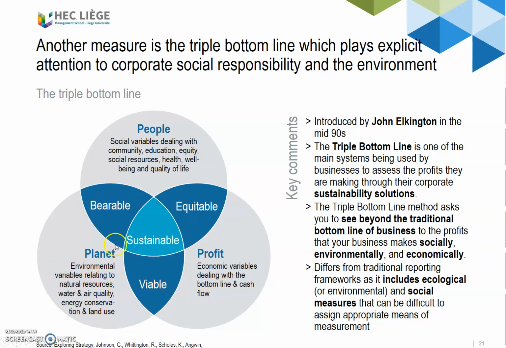You don't damage your planet, but you forget the people. So that's really the intersection that would make a business sustainable. It's really important. There is more and more scrutiny for all those dimensions. You don't need to take it as greenwashing, just doing it to have a good image. No, you need to fully encompass it in your processes, in your way of operating, and that's obviously more and more important.